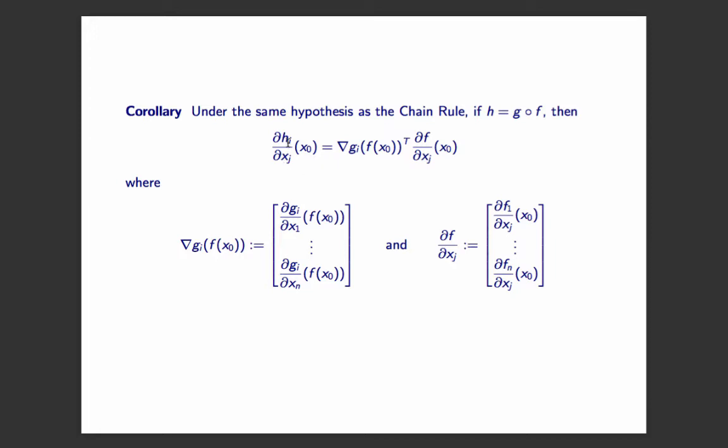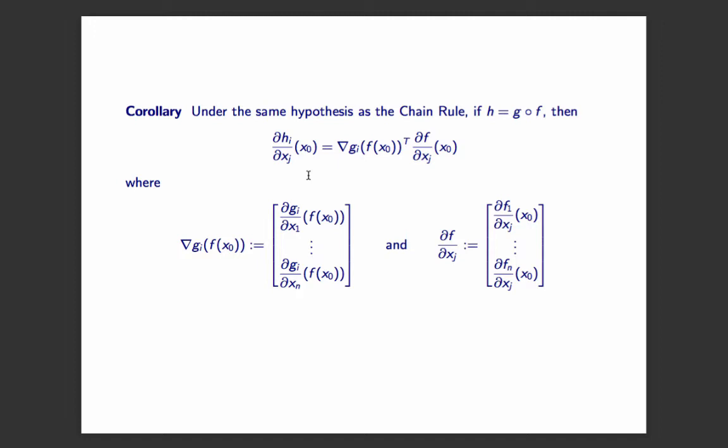Because the derivative of hi with respect to xj is the ijth entry of a matrix, specifically the derivative matrix of h. And that matrix is the product of the derivative matrix of g at f of x naught times the derivative matrix of f at x naught.